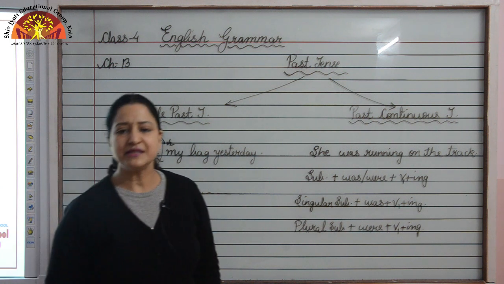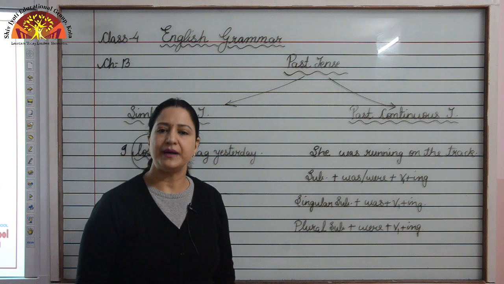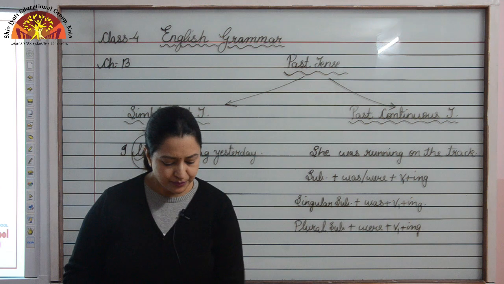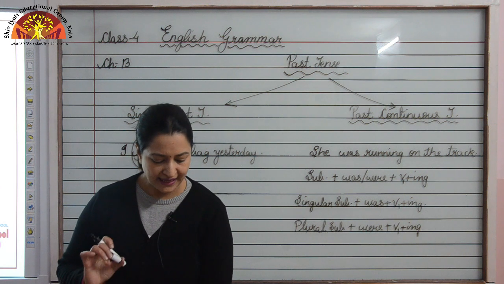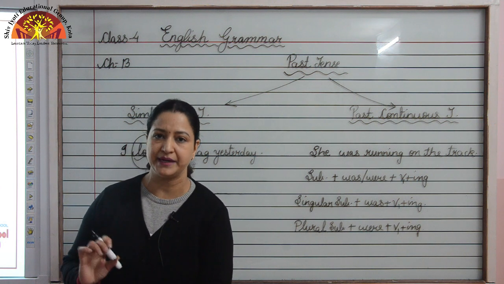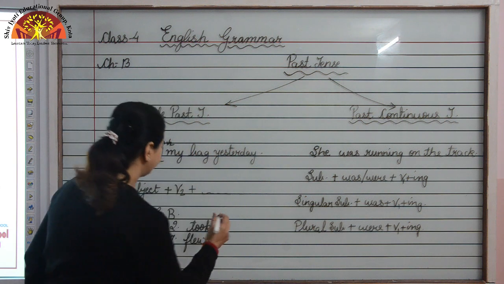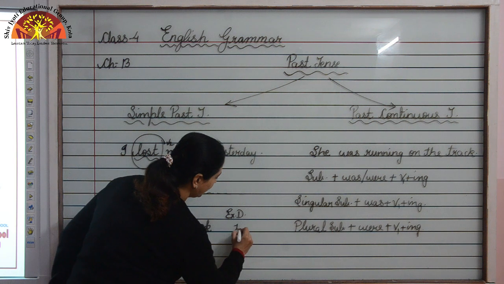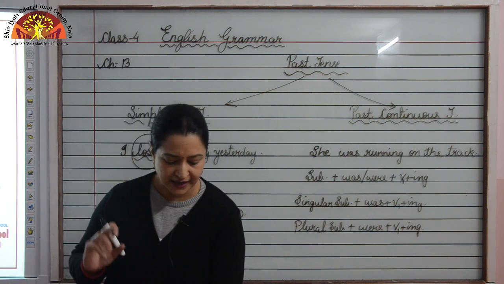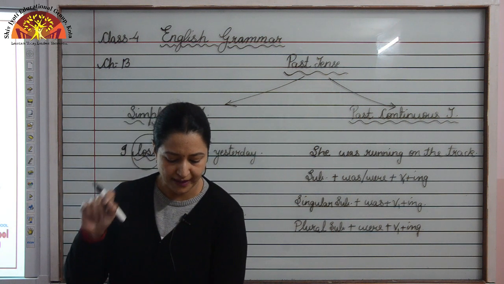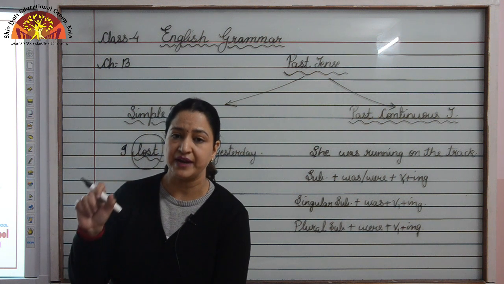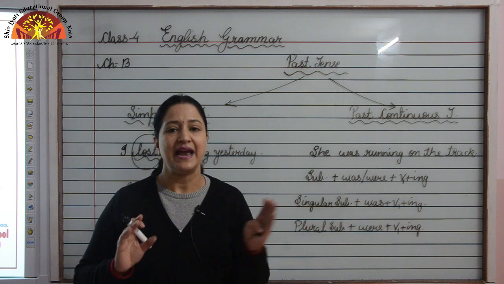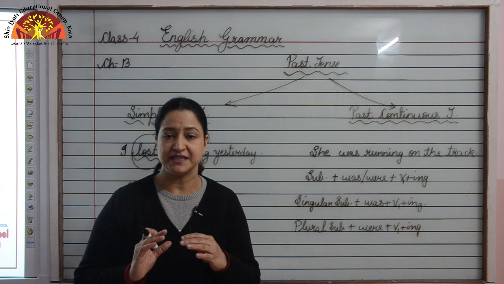Okay, now let's do one example of past continuous tense. Okay, come to page number 58. Okay, exercise number D, number 1. It is Rakesh dash to Madhu when it started raining. So here we are talking about past continuous tense. And what is the structure of past continuous tense?